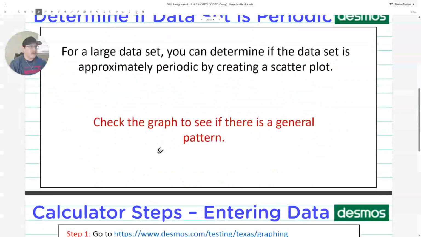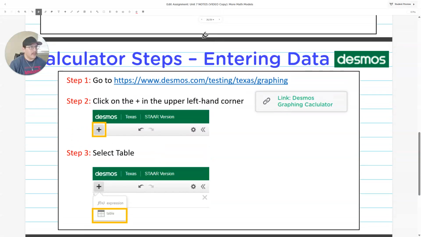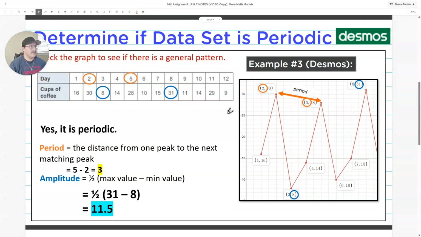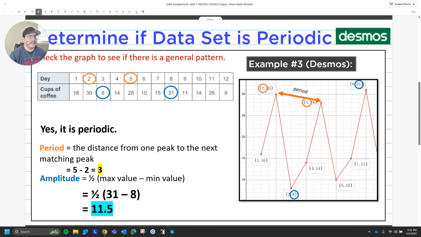Okay, now if you want to do this through Desmos, you'll enter everything like we did here. And so now I have a comparison of the period and the amplitude here. So the period is from one peak to the next. So take the x values of those peaks.